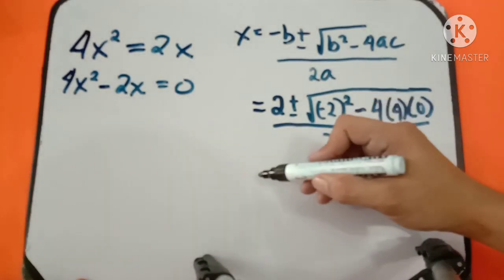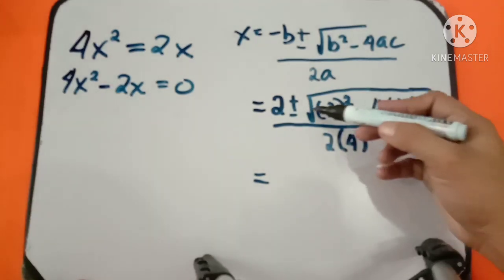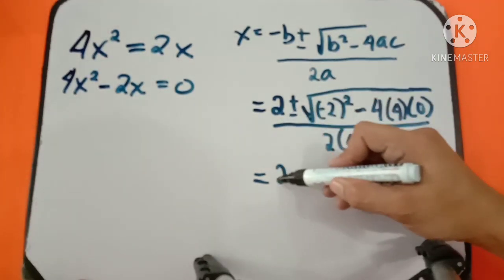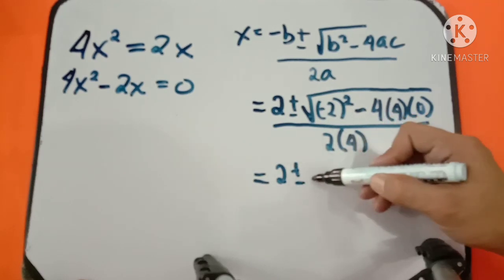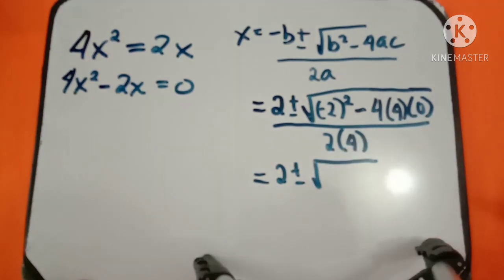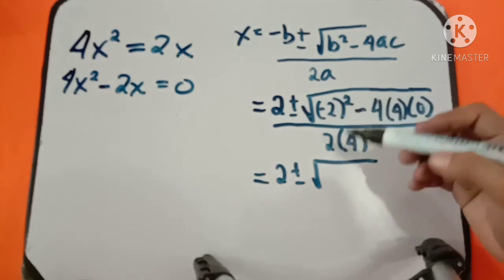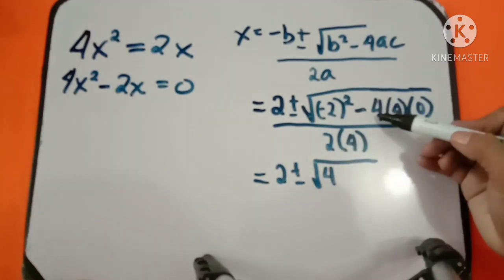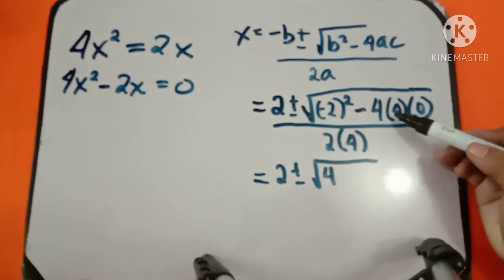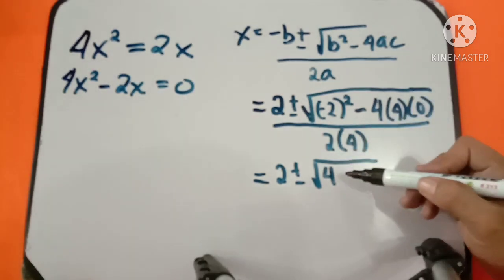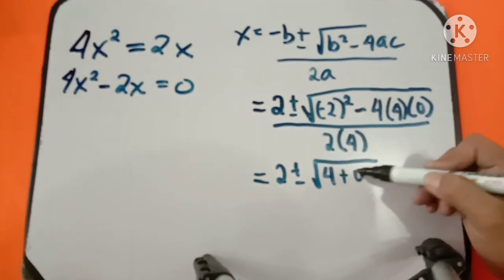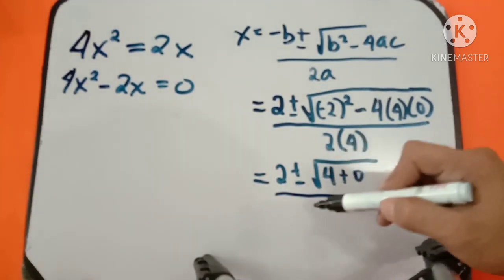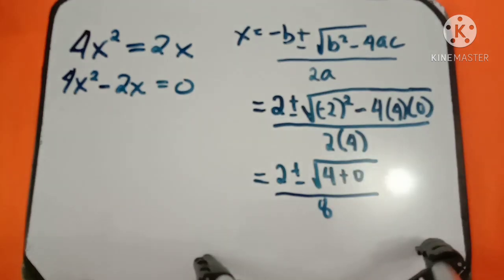So simply we evaluate first the terms inside the radical sign. We copy 2, positive negative, and the radical symbol. Then negative 2 squared will give us positive 4. Then negative 4 times 4 is negative 16, times 0 is simply 0. So here plus 0 all over 2 times 4 will give us 8.